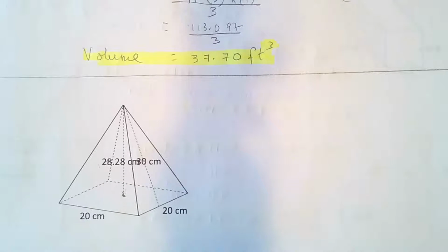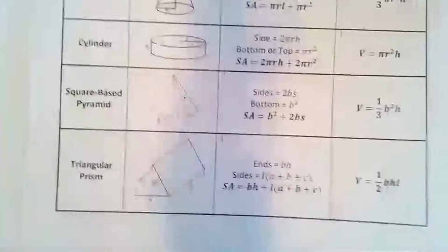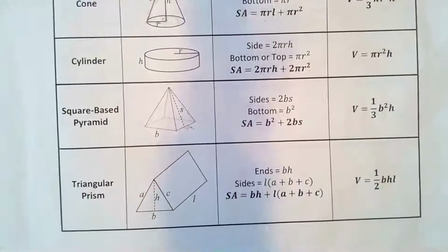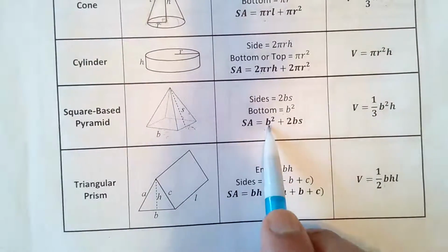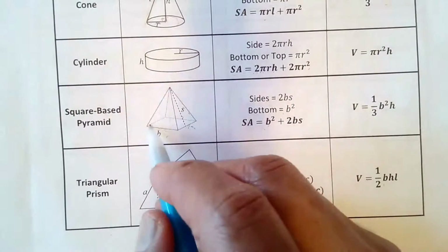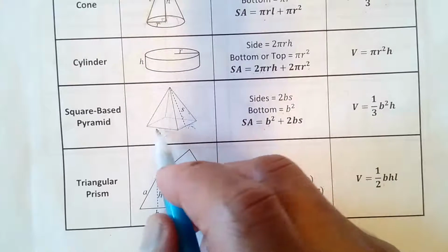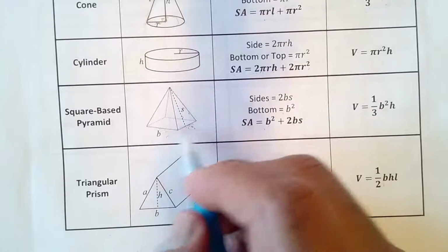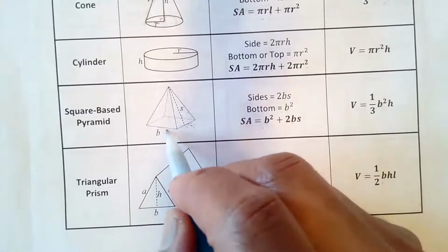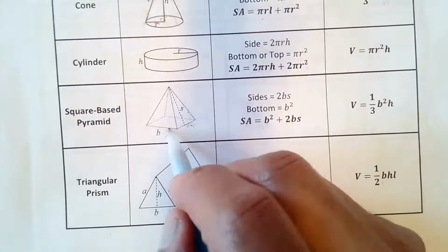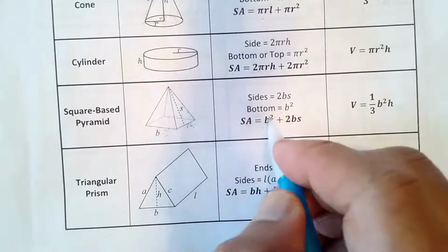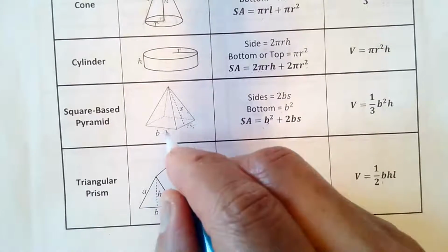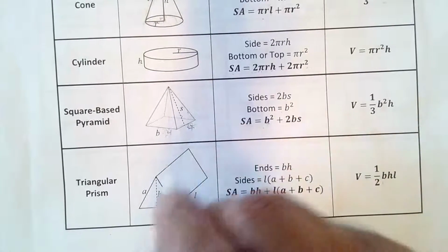Now this is a square pyramid, and this goes to our formula sheet again. The surface here is the base square. The base refers to the bottom of it. Now, because it's a square, it's the length times the width. The length and the width are the same. That's why you can say base square. For example, this is 4 and this would be 4.